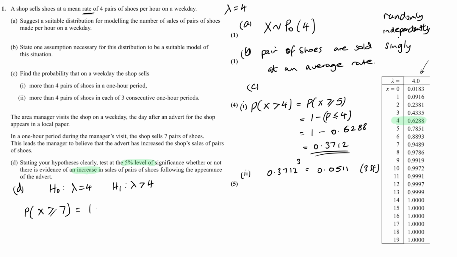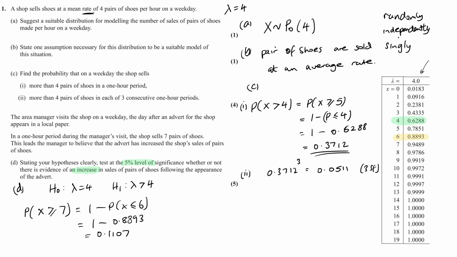That would be 1 minus the probability that X is less than or equal to 6. Now I'm just going to look over in the tables here. There's the 6, I've highlighted it yellow. So 0.8893. Of course you can get this value from your calculator as well, but since I had the table right there, I might as well use that table.